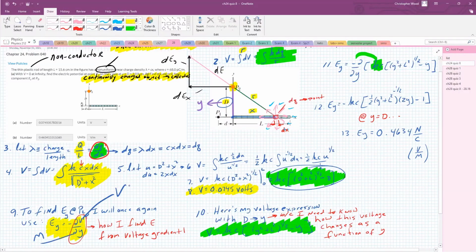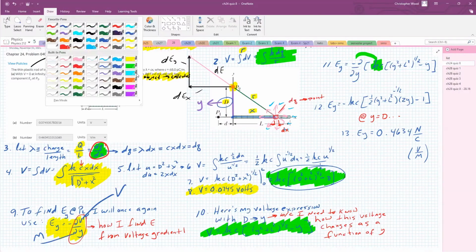So, okay. So this is why this is a good problem, because of part A and part B.